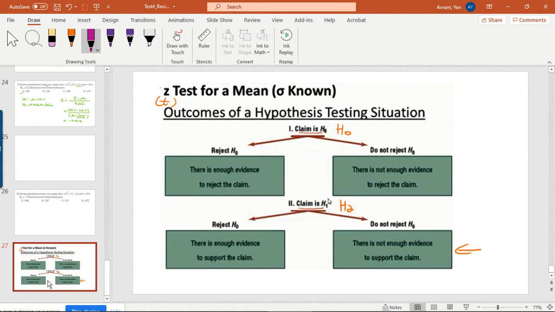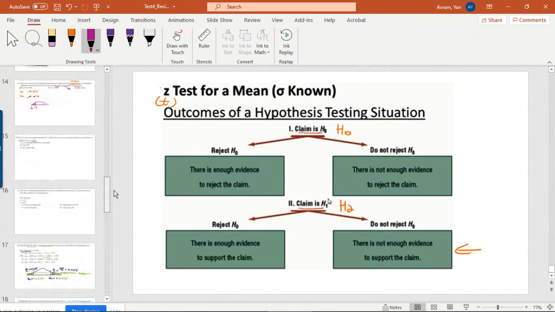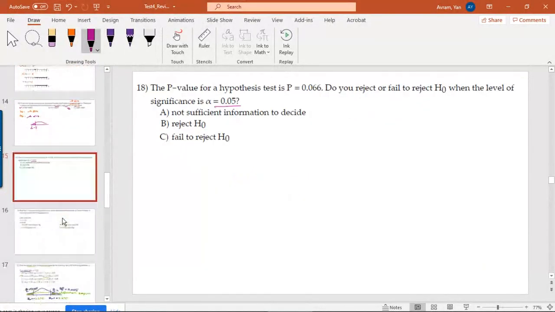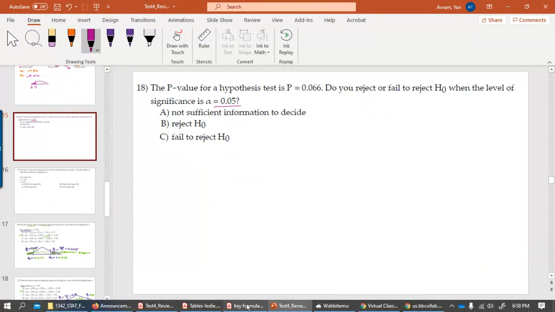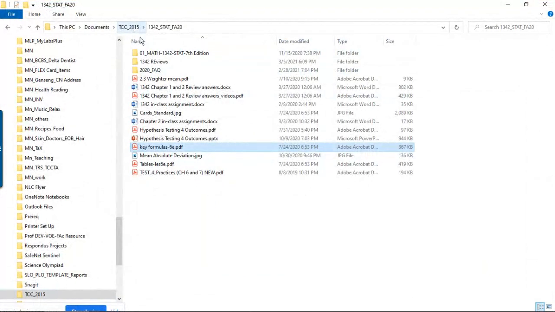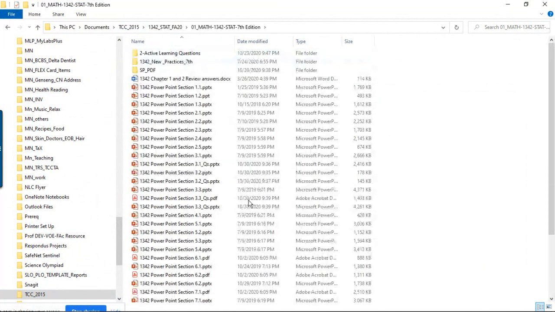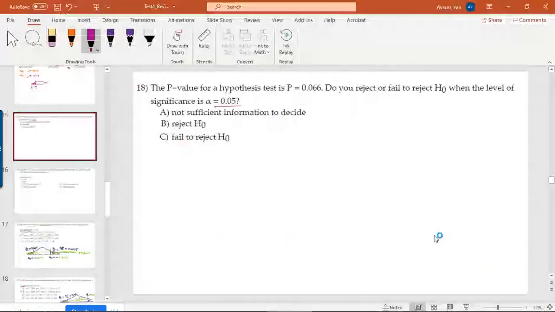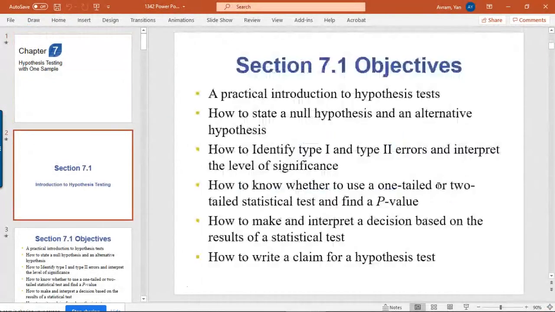This page gives you the whole information. Let me see if I can open one page of this section very quickly, because it is a little bit challenging for section 7.1.